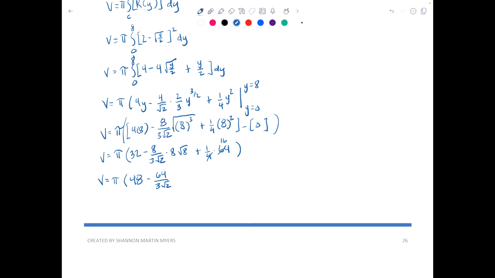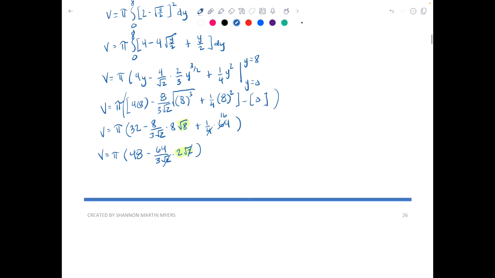The square root of 8 is the square root of 4 times 2, so we're going to get 2 times root 2. Now, the root 2's divide out. When I bring 1/3 out, sorry, pi over 3, I've got to balance out that 48, so I'll get 144.